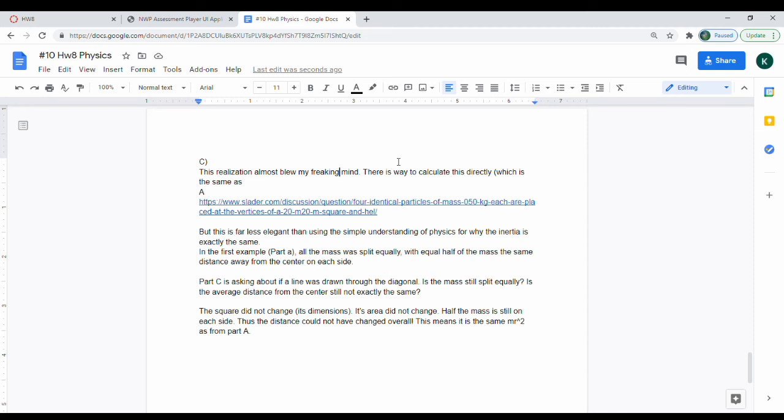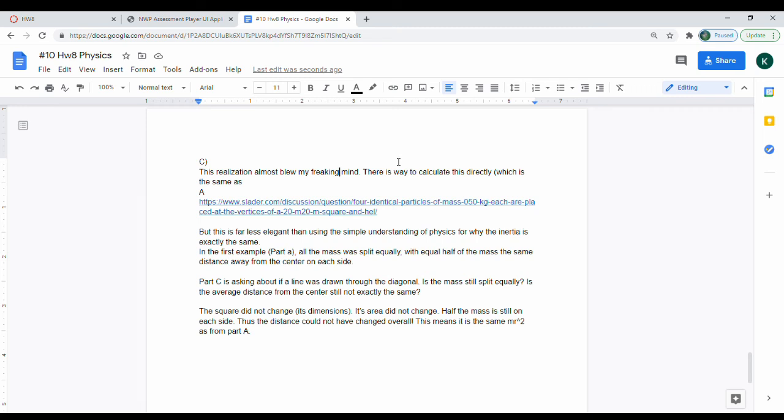So for C, we're being told it's cutting the same square in a diagonal. It's splitting it in half equally, and everything's the same distance away. How is that different from part A, where it splits the square equally and the mass is the same distance away?